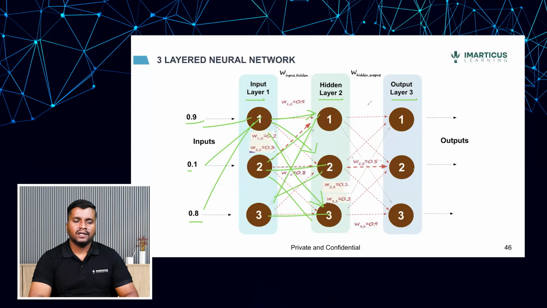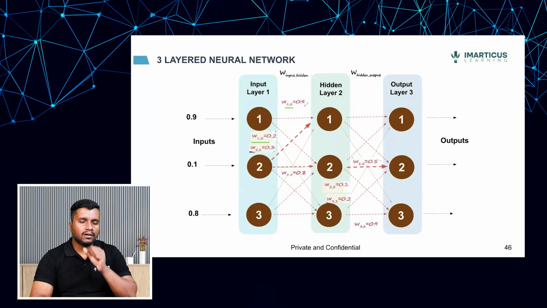So the weights that we are going to decide here are weight for 1,1, weight for 1,2 and weight for 2,1. Basically all these three weights are getting applied over this input layer, and this input layer processes the information.